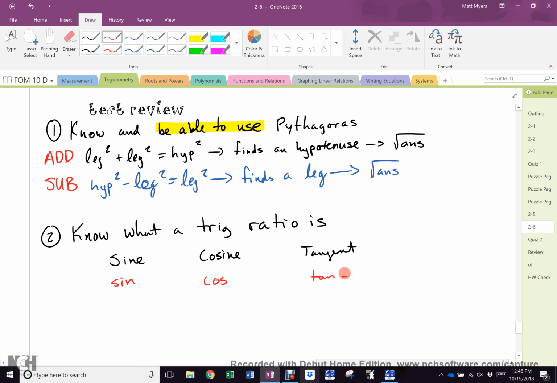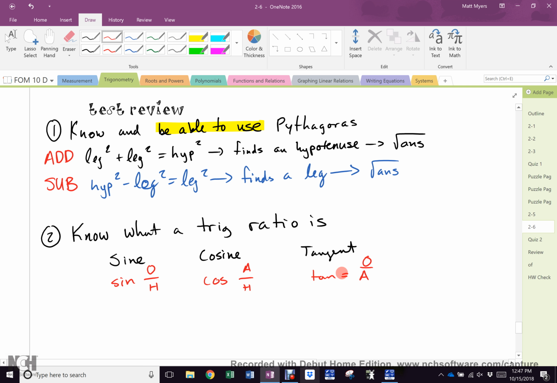Tangent is legs only. Which order? Opposite over adjacent. What one uses the hypotenuse? Cosine and sine. What one uses opposite? Sine. What one uses adjacent? Cosine. Do these three fractions ever give me an actual measurement in the triangle? A shift will give you the angle, and then those will give you whatever the size.